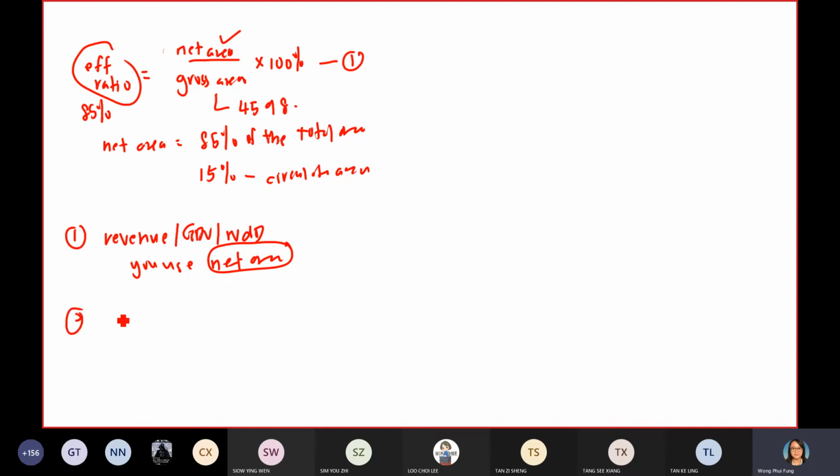Then when you calculate your construction cost, you use gross area. Although those corridors, M&E services rooms, lift lobbies, that area cannot bring you income, you need money to build.